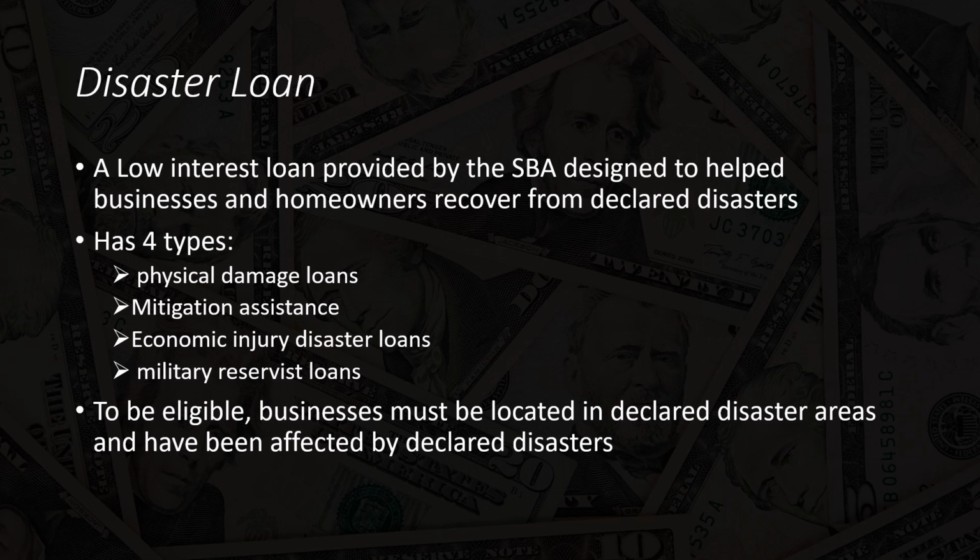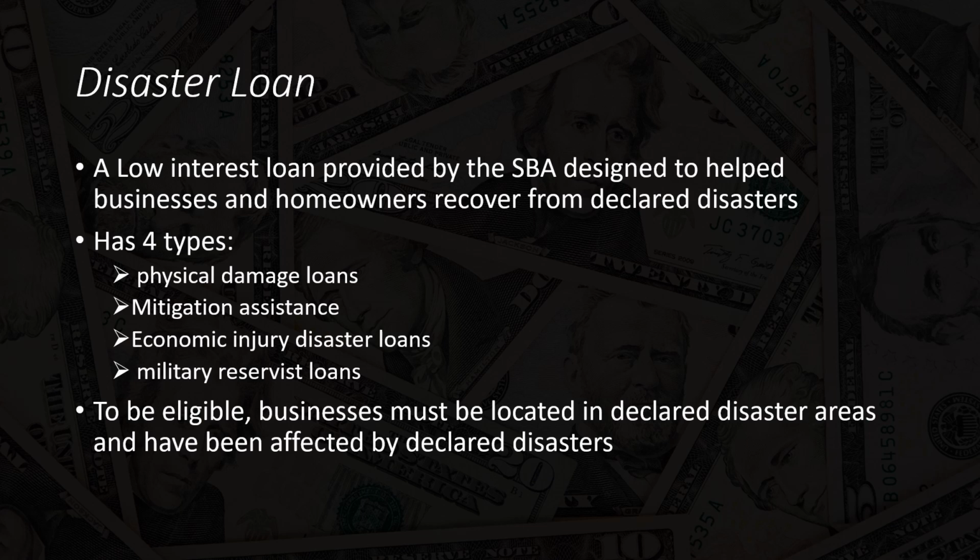Disaster loan. A disaster loan is a low-interest loan provided by the SBA designed to help businesses and homeowners recover from declared disasters. There are 4 types of disaster loans: physical damage loans, mitigation assistance, economic injury disaster loans, and military reservist loans.